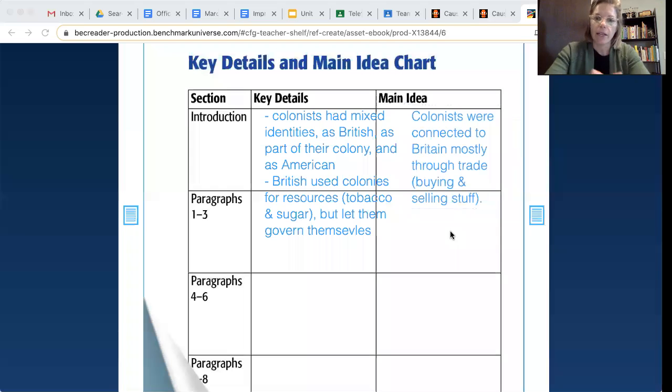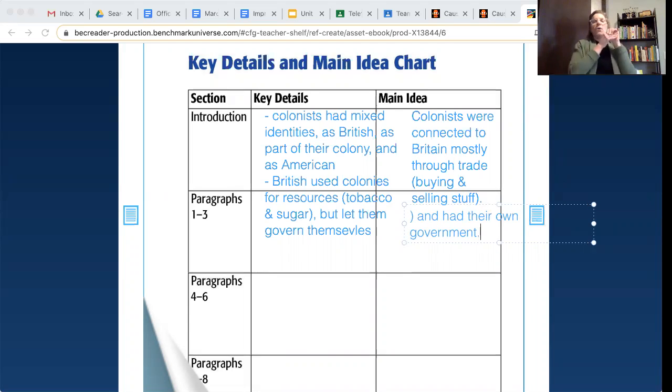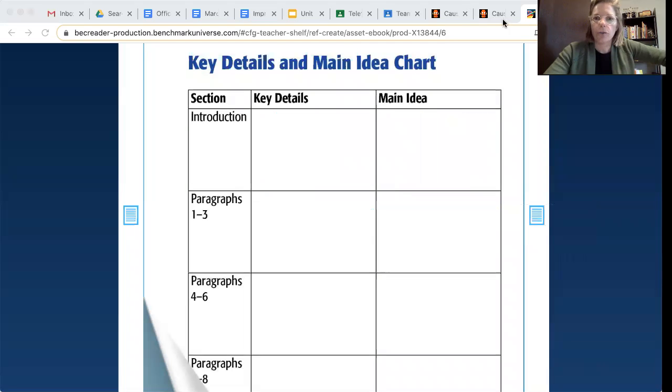Of this, and had their own government. Ooh, that's weird. Okay. Great. Now pause that if you want to do that, and copy that down, and I'm going to flip back over to the text.